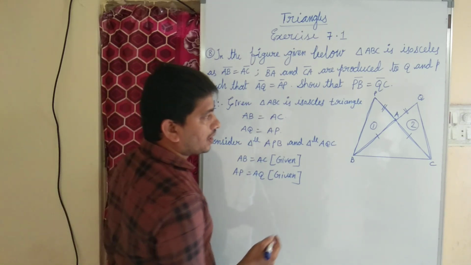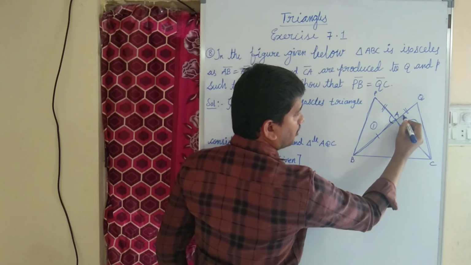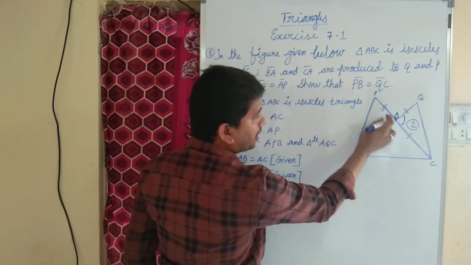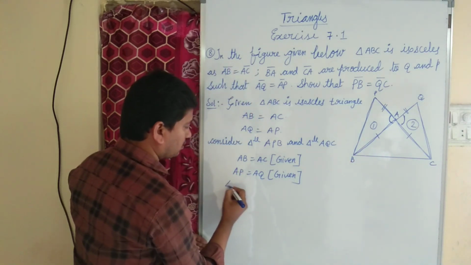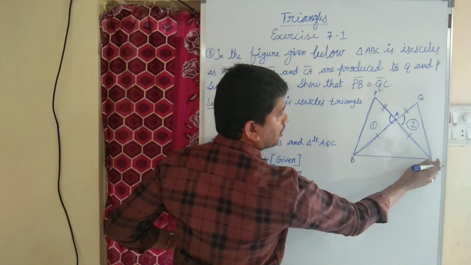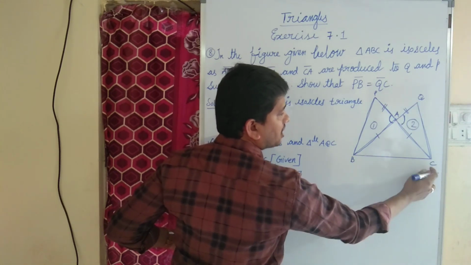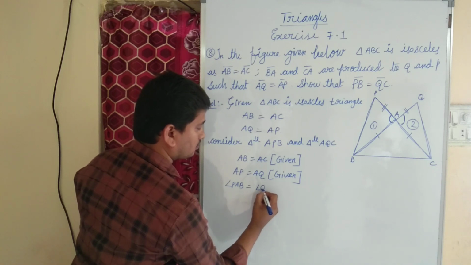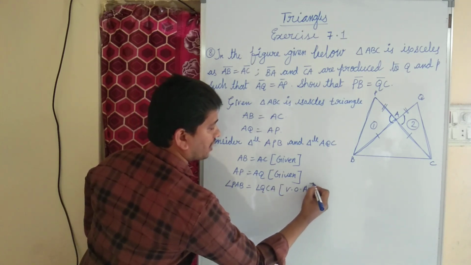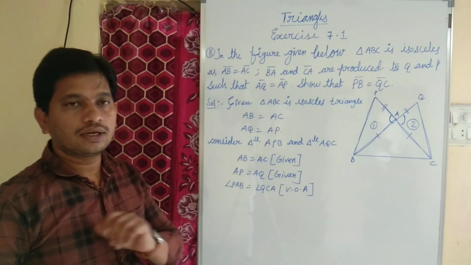If you observe properly, these two angles are vertically opposite angles. That is angle PAB equal to angle QAC. What is the reason? They are vertically opposite angles, and vertically opposite angles are equal.